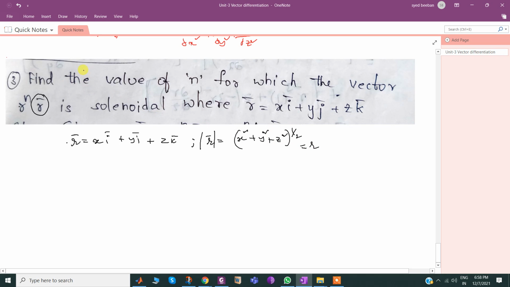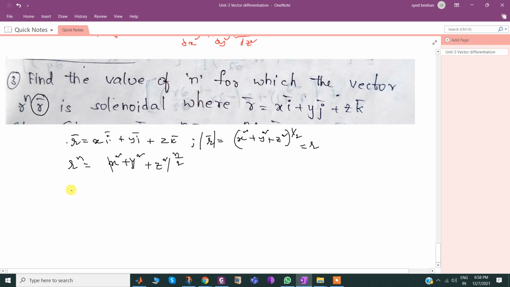Now, as per the given problem, I am required to find r power n. So r power n equals x squared plus y squared plus z squared whole power n by 2. Earlier it was 1 by 2, now it is n by 2.